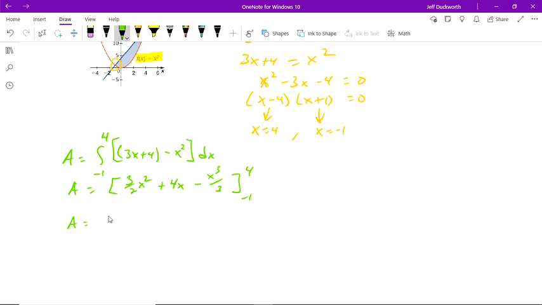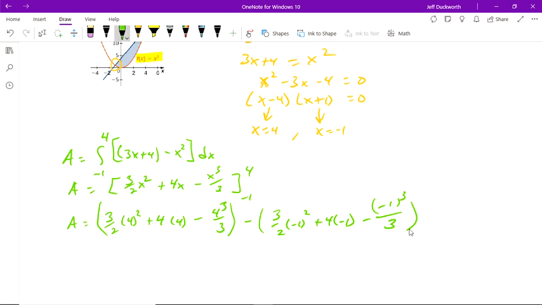So 3/2 times 4 squared plus 4 times 4 minus 4 cubed over 3. That is evaluating it at 4. And then we subtract it evaluated at -1, which would be 3/2 times -1 squared plus 4 times -1 minus -1 quantity cubed over 3.